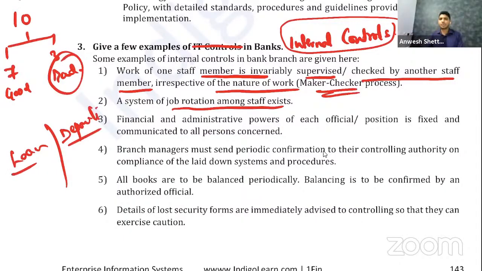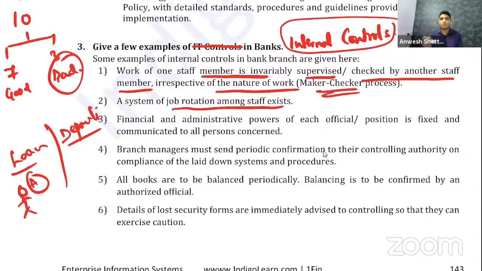It is to give loans. And deposit person is to bring more deposits, bring more FDs. So let us say there is one guy here called as Mr. A. Now, Mr. A, if he is in loan department only forever, then there is a possibility that he may do some arrangement, some setting with general customers and would simply go on giving loans. Even if they don't have valid documents, he would still give loans.